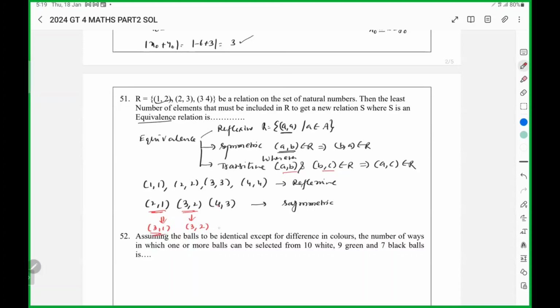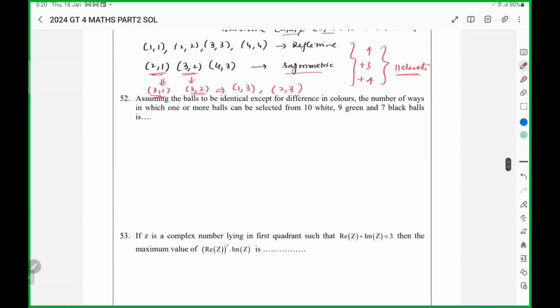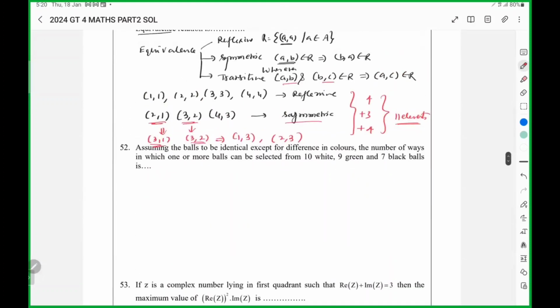When 3, 1 is there, to satisfy symmetric, 1, 3 must be there. 3, 2 is there, to satisfy symmetric, 2, 3 must be there. So totally 4 plus 3 plus 4, 11 elements must be added to satisfy the equivalence relation.